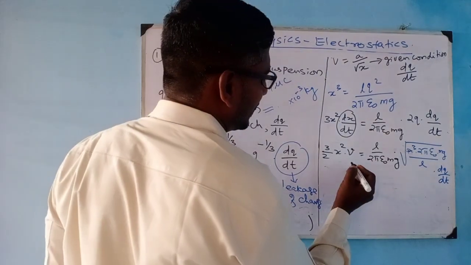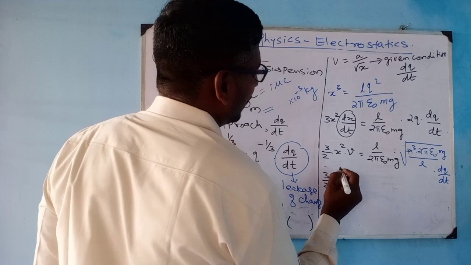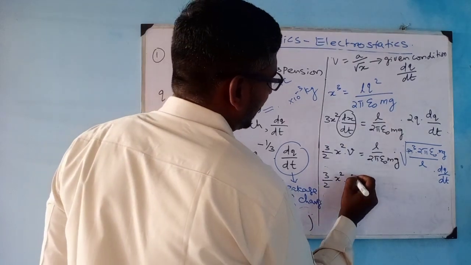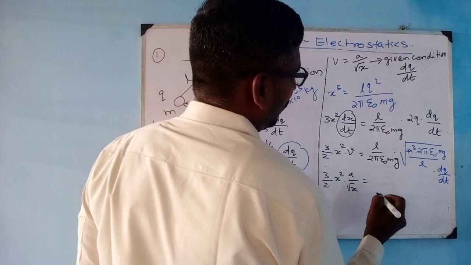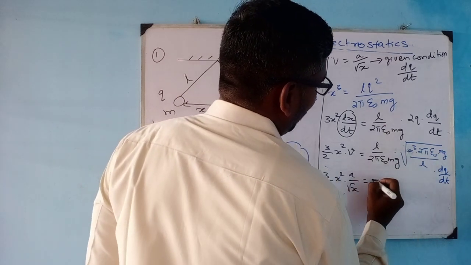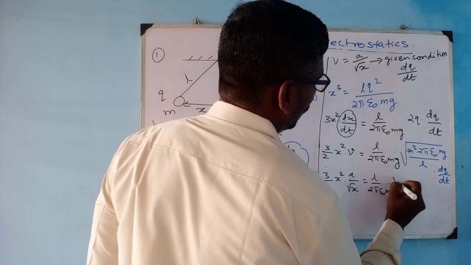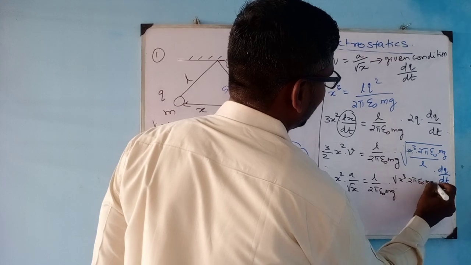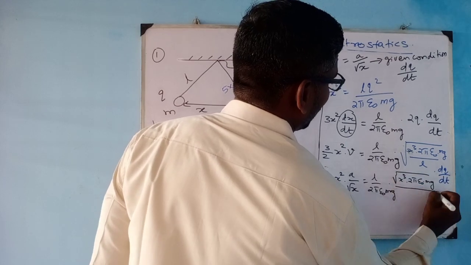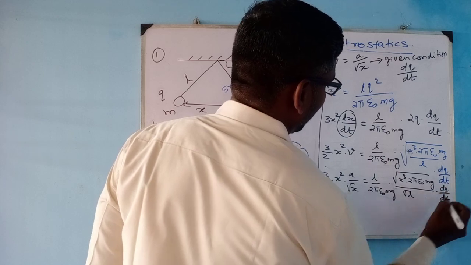What I am trying to say is this. So 3 by 2 x square, and this v is nothing but your a by root of x. This is equal to L by 2 pi epsilon naught mg, square root of x cube 2 pi epsilon naught mg divided by square root of L, into dq by dt.